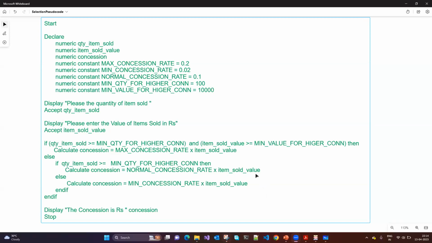Sir, if the quantity of items sold is greater than or equal to 100, then concession. Second part, second condition: if the quantity of items is greater than 100, but the value of that item is less than 10,000, then you give 10% concession. Okay, sir, it will fail.